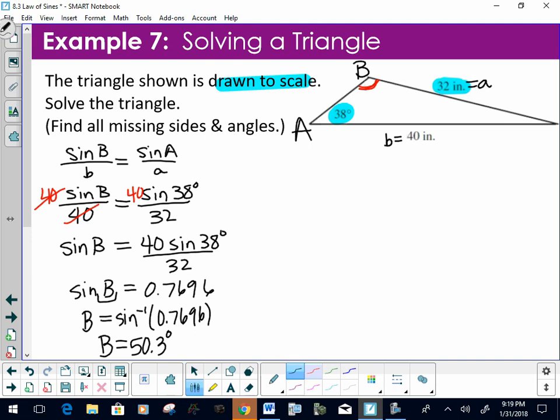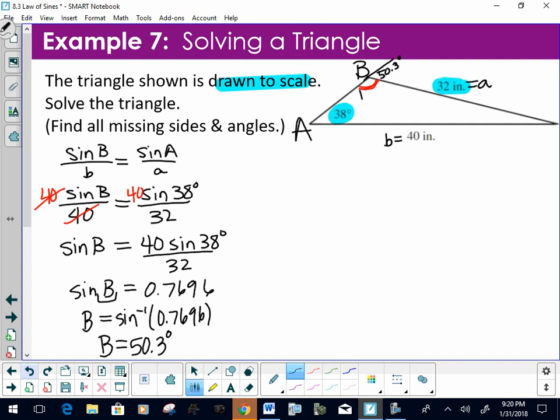If I extend this line right here, you can see that it's actually definitely greater than 90 degrees. It's definitely an obtuse angle. So what this 50 degrees is, it's giving us the reference angle. So angle B must be 180 subtracting that reference angle.